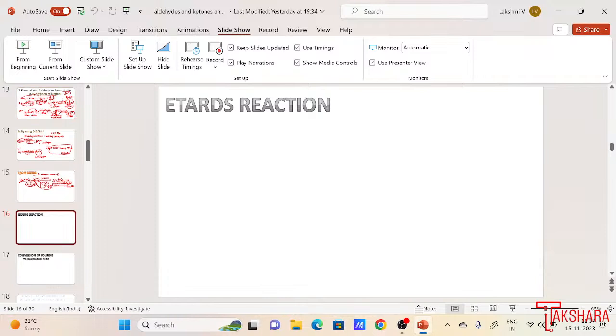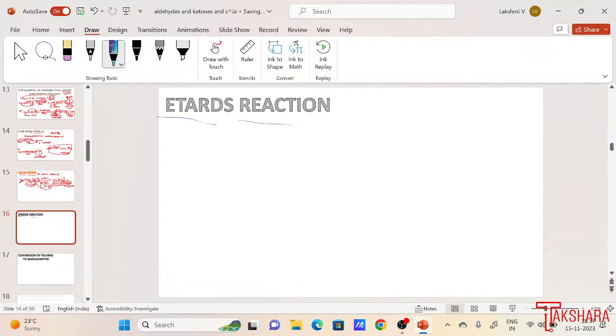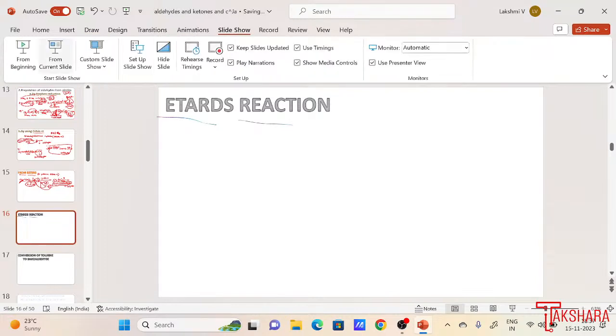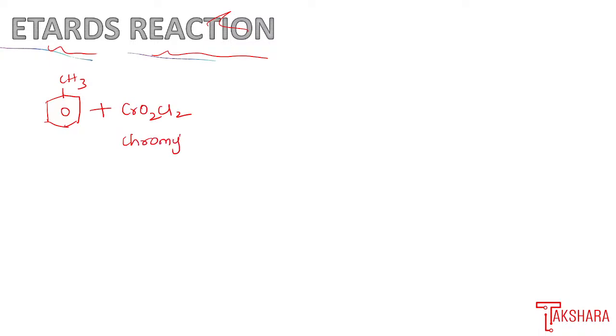Okay, so then next we have Etard's reaction. In this Etard's reaction, see, when toluene is treated with chromyl chloride, so when a benzene ring is attached to the CH3, we have CrO2Cl2, that is chromyl chloride.